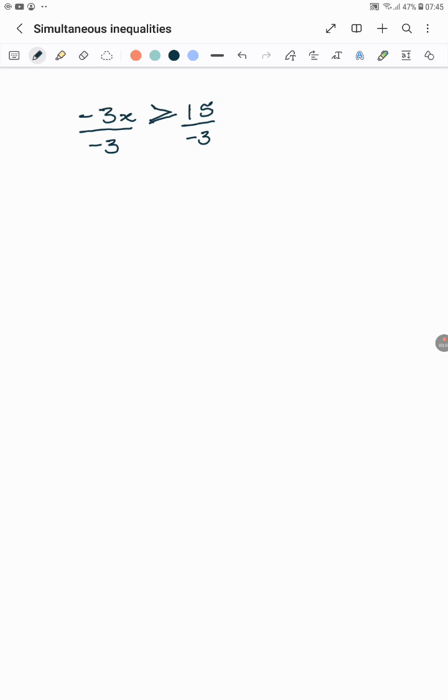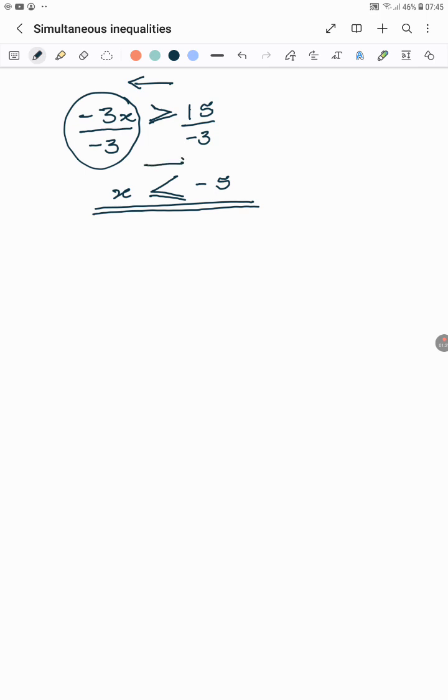Like this one is facing this way, so on your answer it will change and it faces the other way, and here you're going to get x, and on this side you're going to get your answer is minus 5. So remember that when you divide by a negative number, when you're solving inequalities, your sign changes. Like in this case, you see it's now facing the other direction.